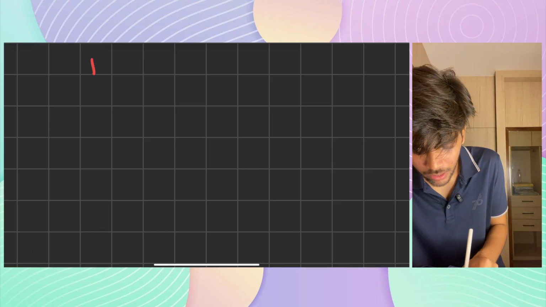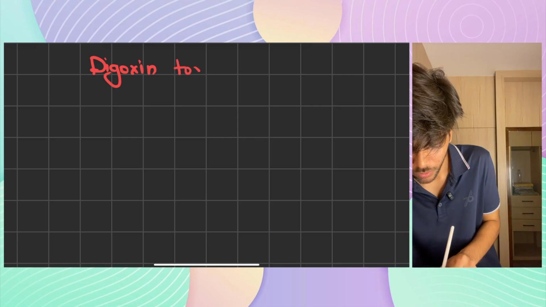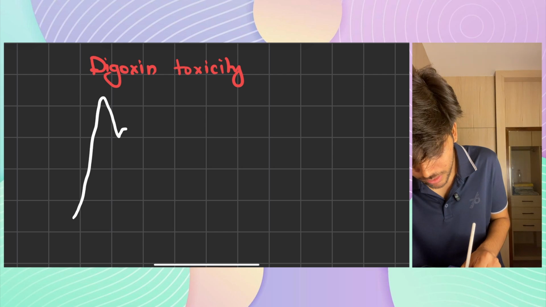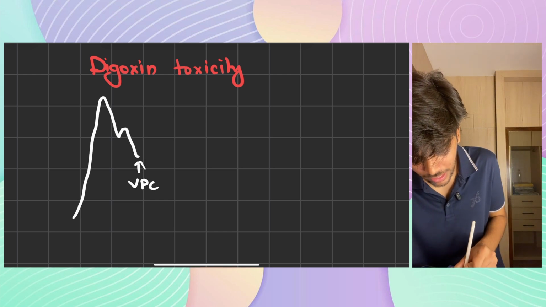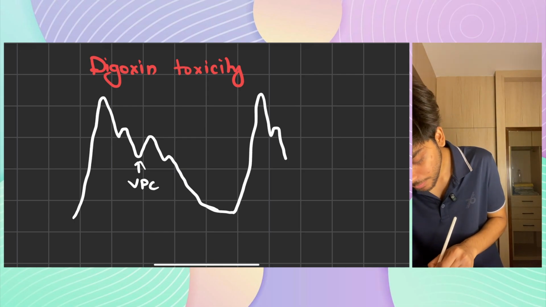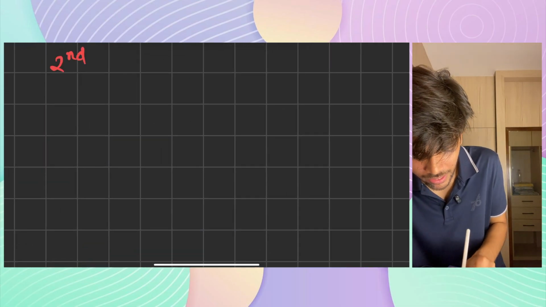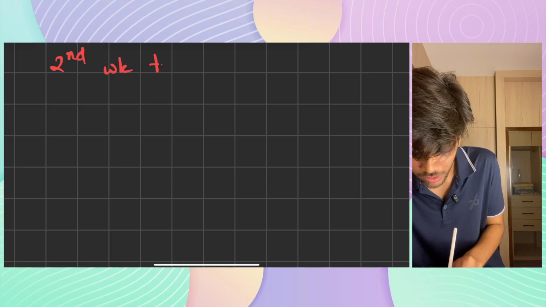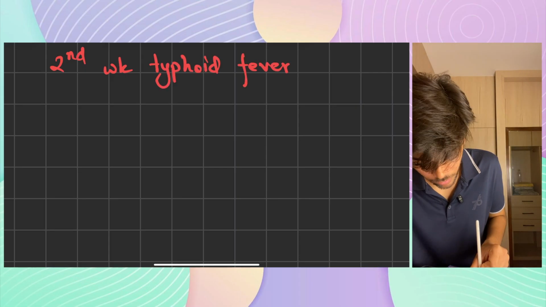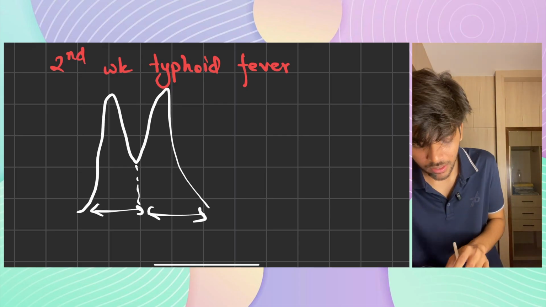Then in digoxin toxicity, we had pulsus bigemini with a normal pulse, then ventricular premature contraction giving us a twin of the pulse and then a compensatory pause. Again repeat. And then finally, in second week of enteric fever, typhoid fever, you had pulsus dicroticus as well. That is one peak in systole and the other peak in diastole.